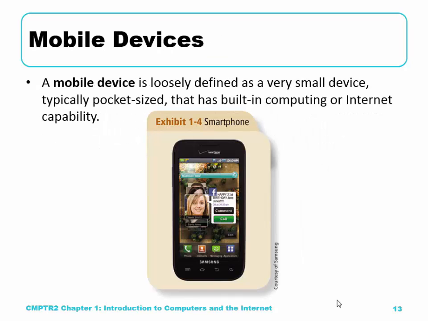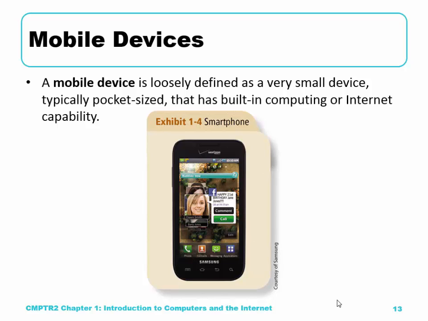A mobile device is loosely defined as a very small device, typically pocket-sized, that has built-in computing or internet capability. Mobile devices are commonly used to make phone calls, send text messages, view web pages, take digital photos, play games, and watch TV shows. Most mobile phones today include computing and internet capabilities, and they're known as smartphones.